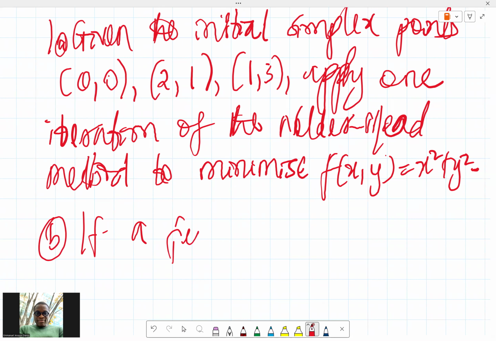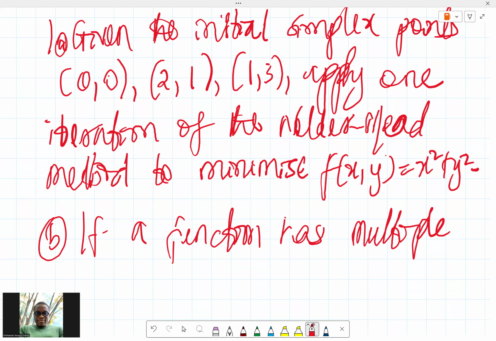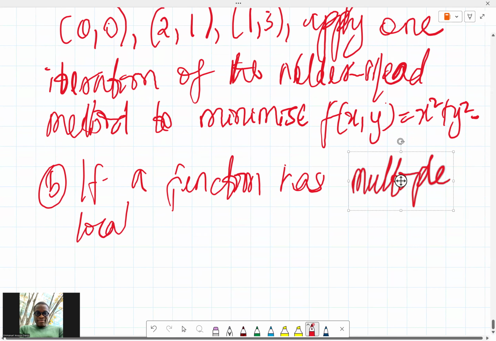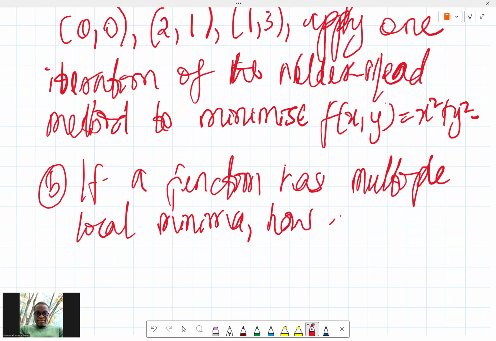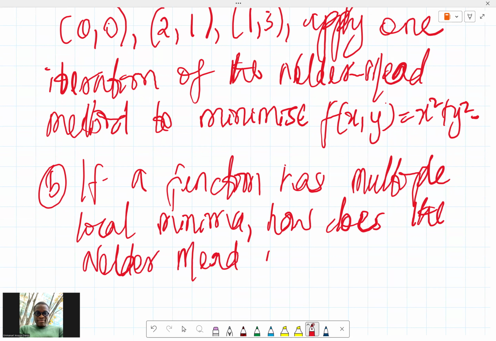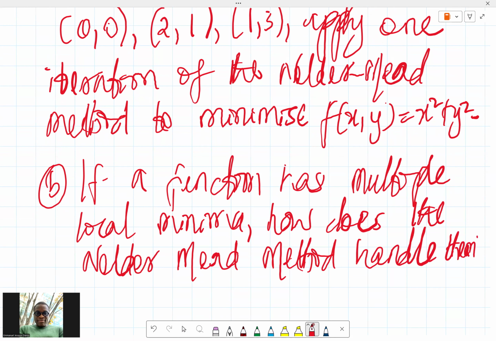If a function has multiple local minima, how does the Nelder-Mead method handle them? You want to search that out?